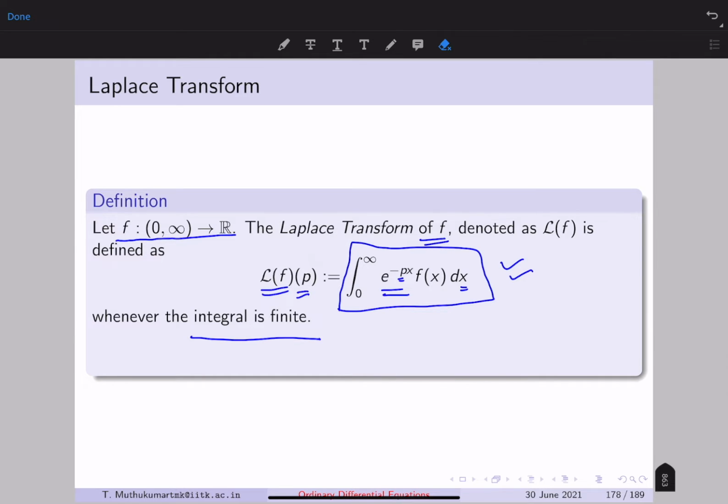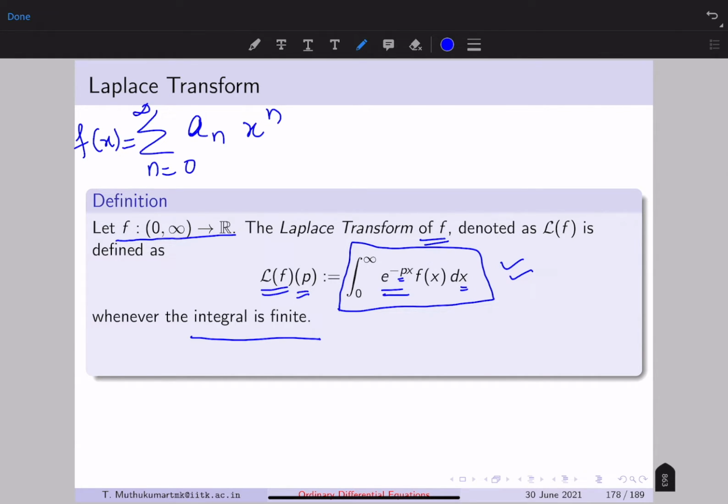Let's look at power series. Suppose I have a series like this: the sum of a_n x^n. This is a power series, and given a_n, this is some function of x. You can think of this, let's say, as f of x.